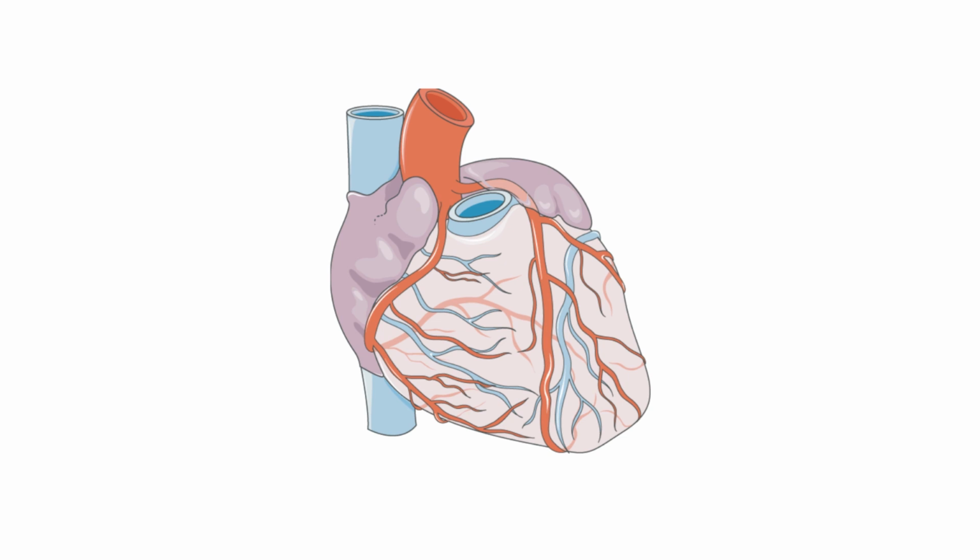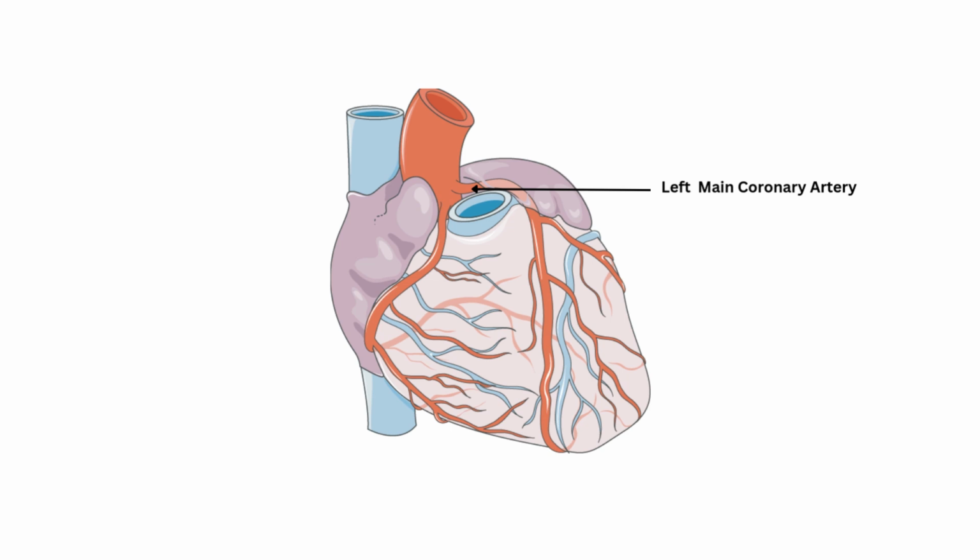So, moving on to the left side of the heart, we find the left main coronary artery. So this is a short but vital vessel that quickly splits into two main branches, as you can see. This system is responsible for supplying the bulk of the heart muscle mass.